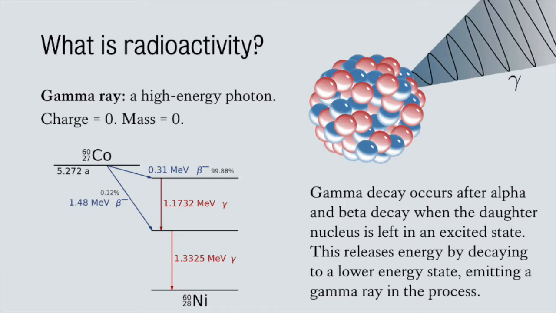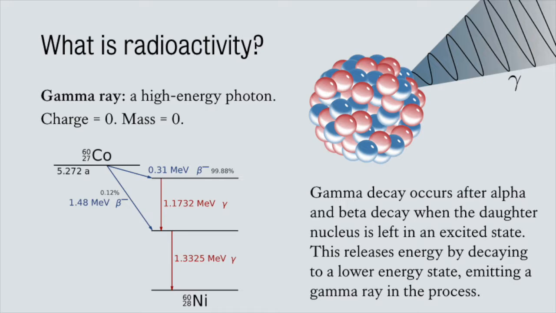Here you can see represented in a slightly different way the radioactive decay of cobalt-60, which contains 60 nucleons in its atomic nucleus, 27 of which are protons. So here, what you can see is that cobalt-60 undergoes beta decay. So it decays via the emission of beta particles.